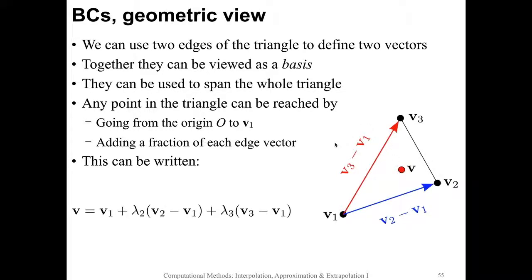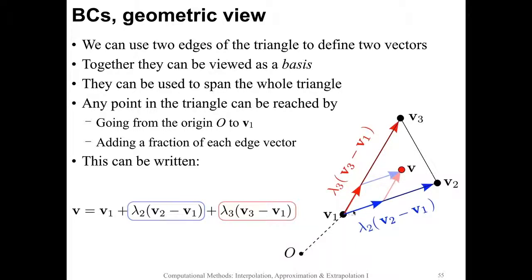Any point in the triangle, we can reach it by going from the origin up to v1 and then adding a fraction of the blue vector and a fraction of the long red vector. Lambda 2 times the vector that goes to v2 and lambda 3 times the vector that goes to v3, with lambda 3 and lambda 2 being fractions that are smaller than 1.